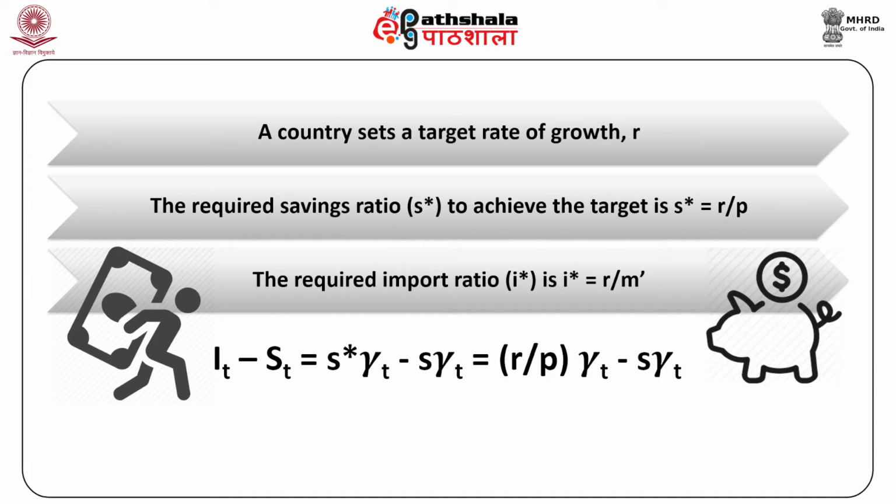If domestic saving is calculated to be less than the level required to achieve the target rate of growth, there is said to exist an investment-saving gap, equal at time t to I_t minus S_t, which is S star Y_t minus S Y_t, which is equal to R upon P Y_t minus S Y_t.